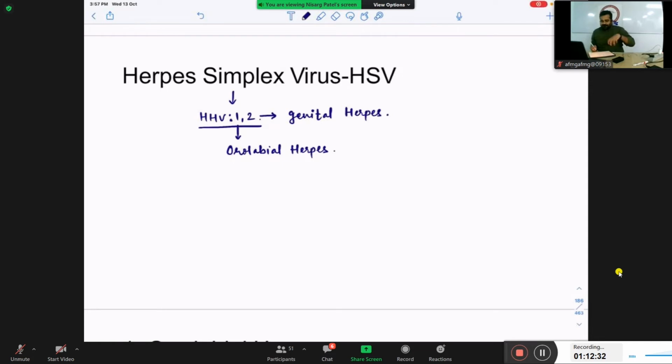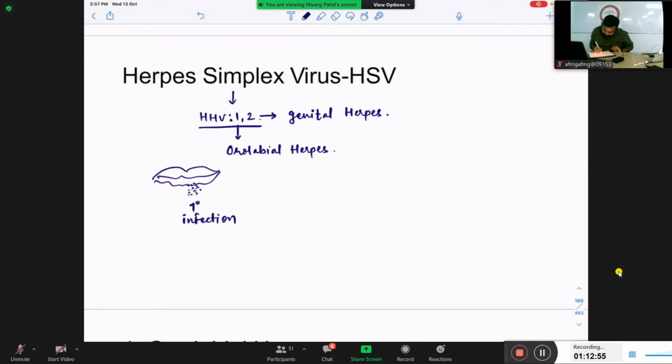So why am I clubbing HHV-1 and HHV-2? Because of what they do after a primary infection. Suppose this infection is on the lips, orolabial herpes.